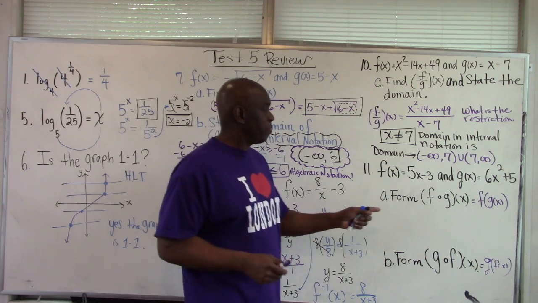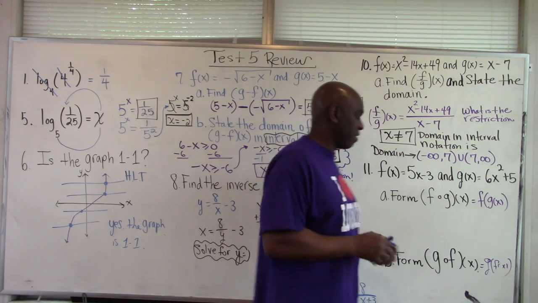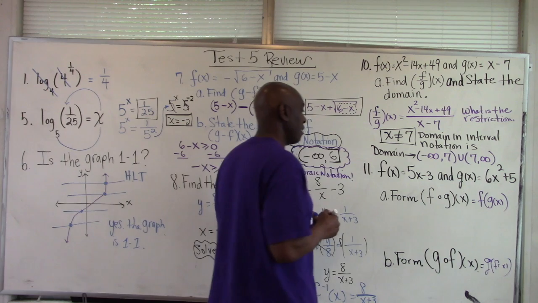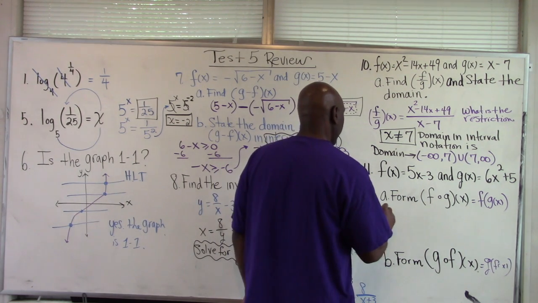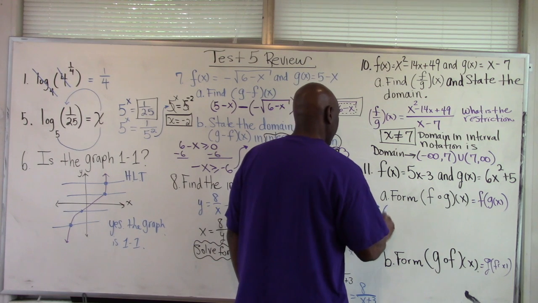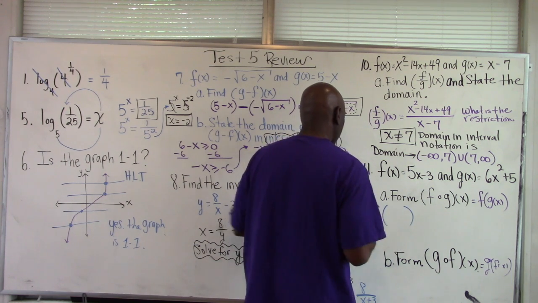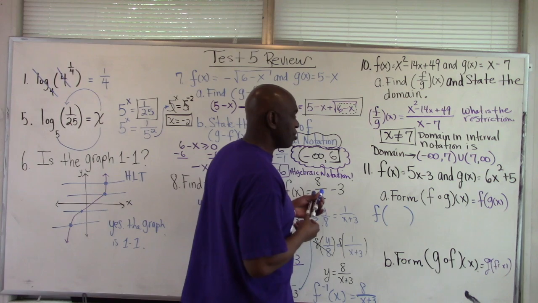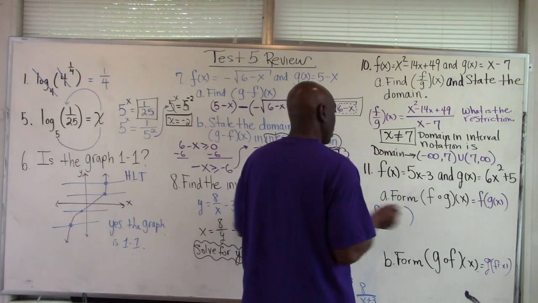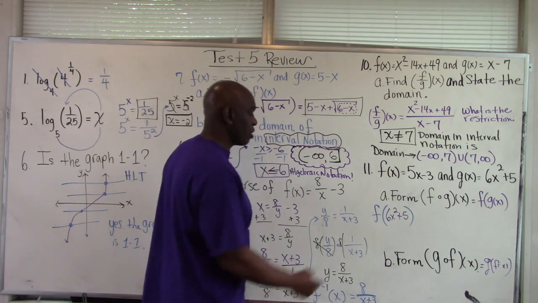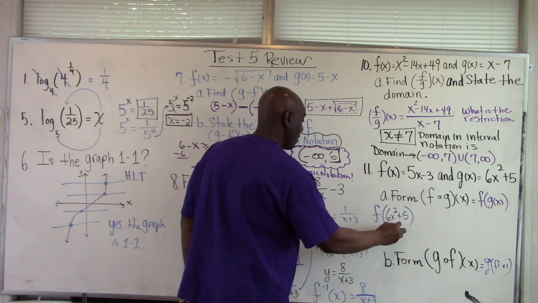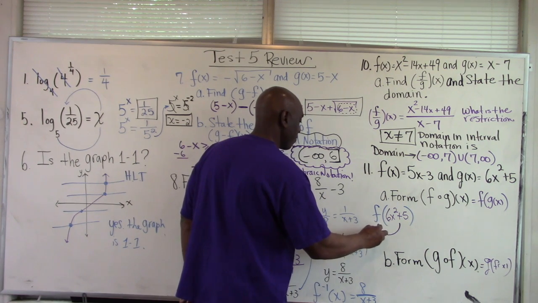So let's go ahead and put g inside of f. Alright, so what is f? Well, we're going to have f evaluated at, and what is g? g is 6x squared plus 5. So put 6x squared plus 5 inside of f.